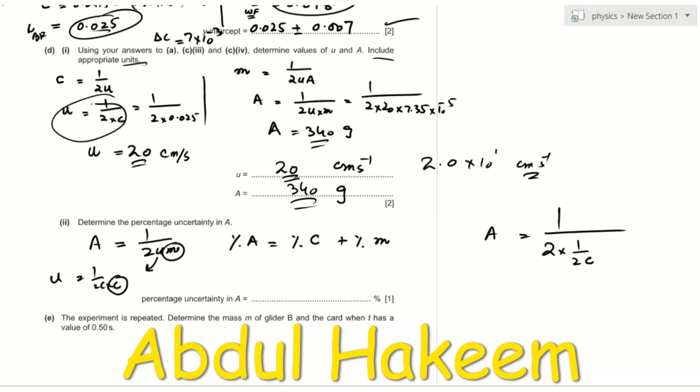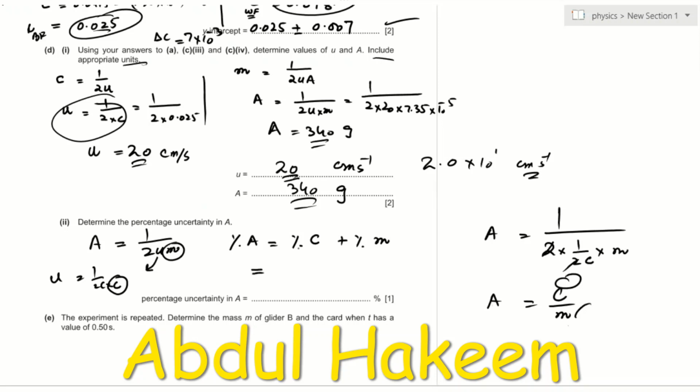Look, from this equation, multiply by this gradient. Now 2 cancelled, so A is equal to C divided by M. So the percentage uncertainty of C, y-intercept, plus percentage uncertainty of M is the percentage of A.